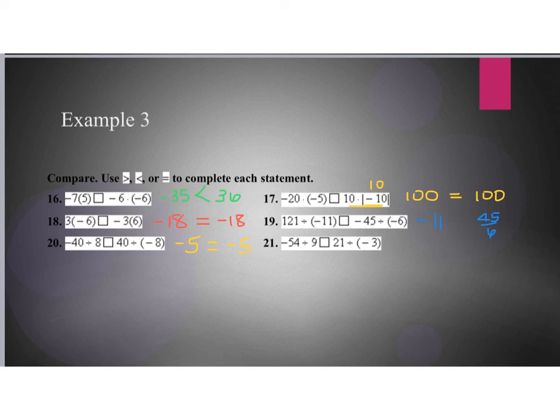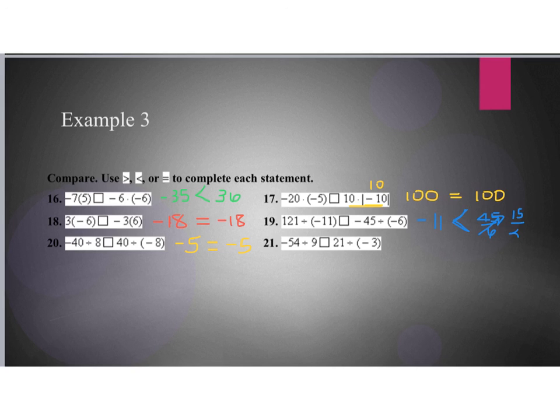And if you want to, you can reduce this down. 3 will go into both of these and give me 15 halves, or 7.5. So you don't have to convert to a decimal or a mixed number if you don't want to. At this point in time, I can see that my positive number is going to be greater. So the symbol I'll put in between is actually going to be negative 11 is less than 15 halves.